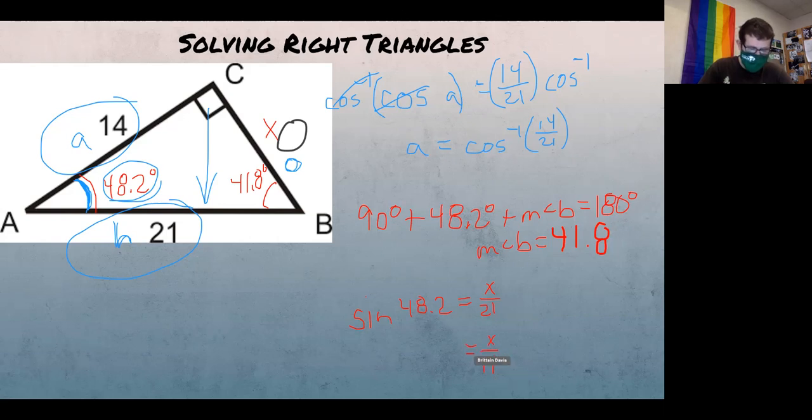Tangent. Of 48.2. Of course, we have other ways we could set it up with 41.8. So let me give you this. If this was x over 21, which trig ratio would I be using with 41.8?